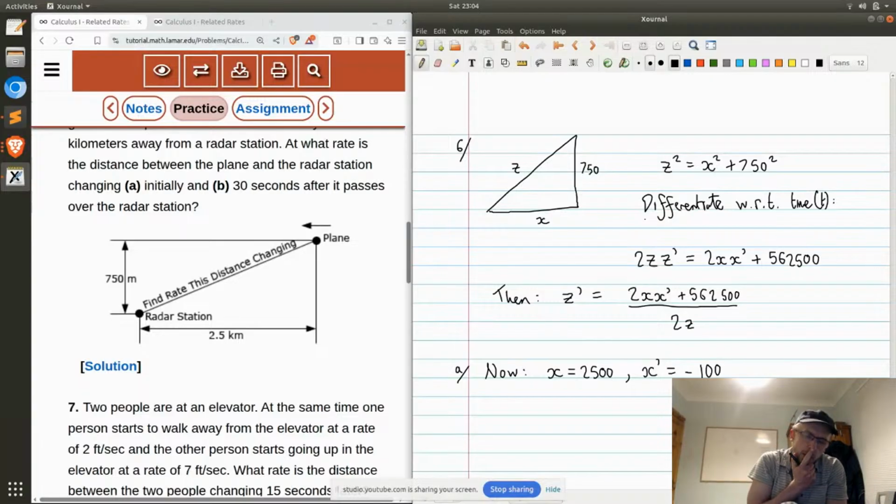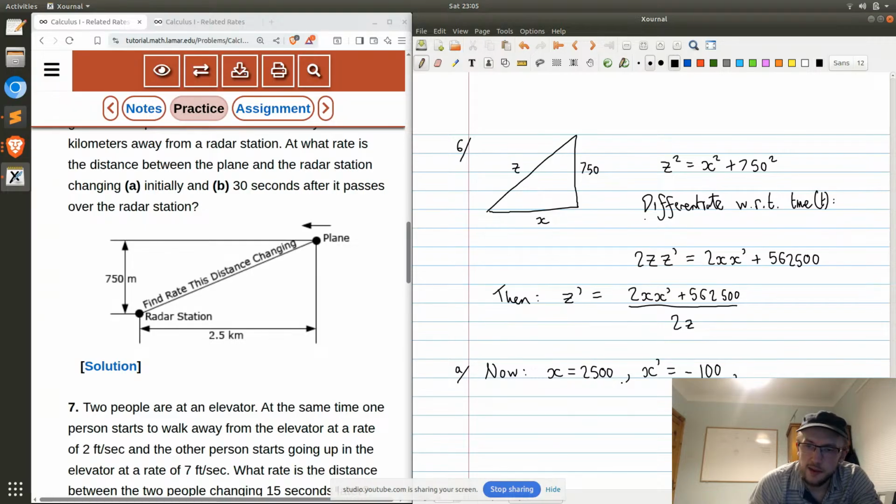Wait. Is this where I'm thinking? Is this where my thinking is wrong? It's something to do with the fact that the plane is moving parallel. I feel like it's something to do with that, but I can't quite articulate it.